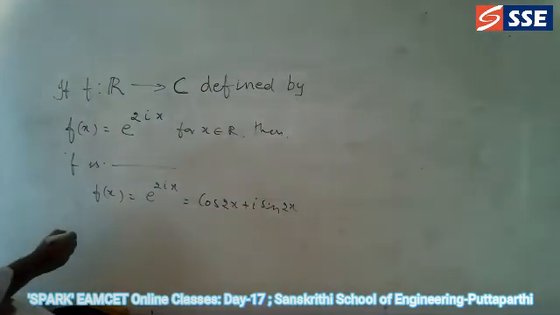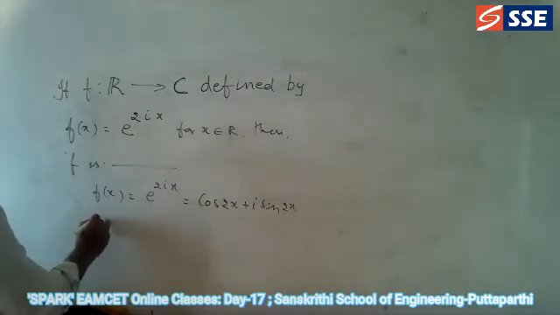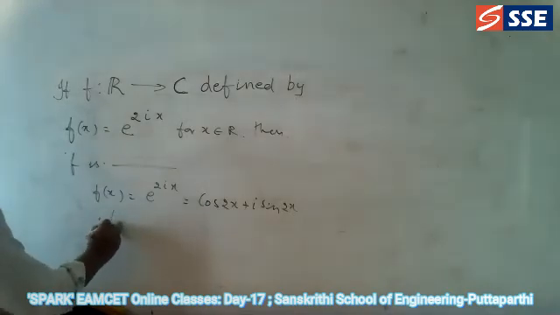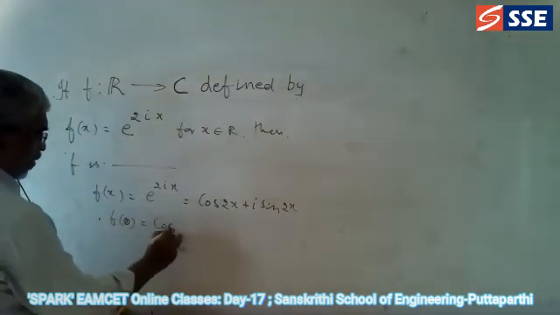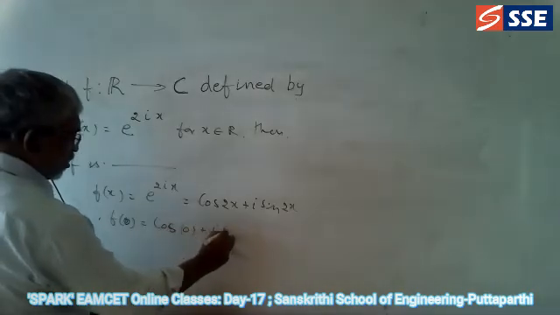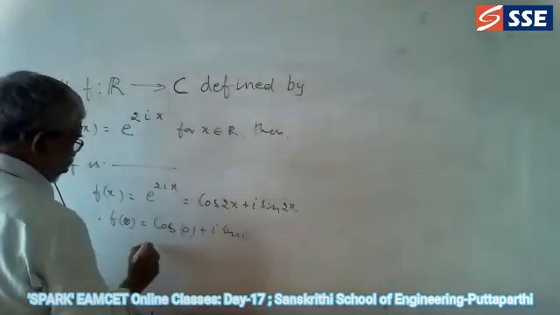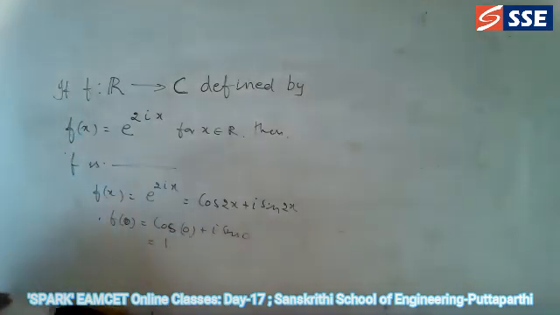Let us take f of 0. For x equal to 0, f of 0 equals cos 0 plus i sin 0. Sin 0 is 0 and cos 0 is 1, so f of 0 is 1.